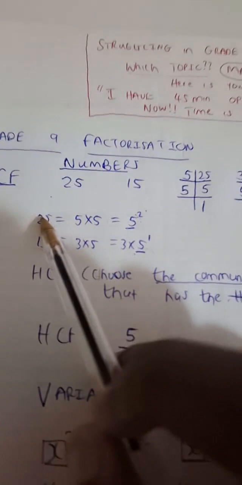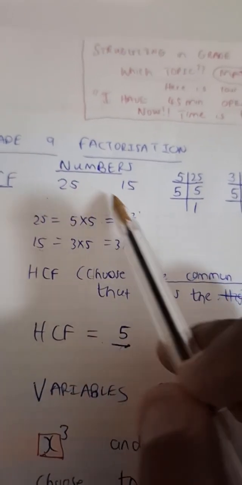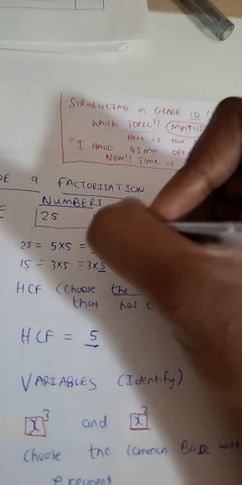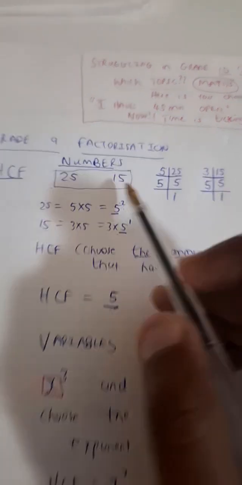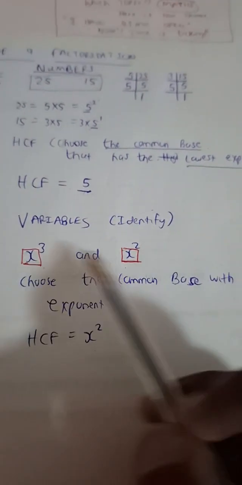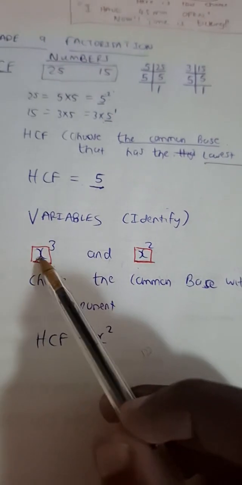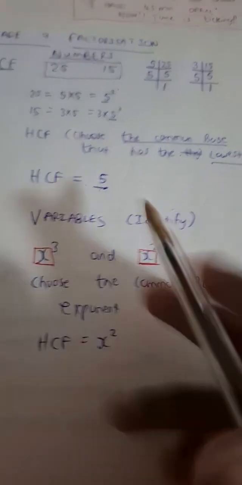So in a numerical sense, meaning when you are dealing with numbers, we must know how to identify the what? The highest common factor between numbers. And in the same vein, we need to know how to identify the highest common factor between our letters, all right, or our variables.